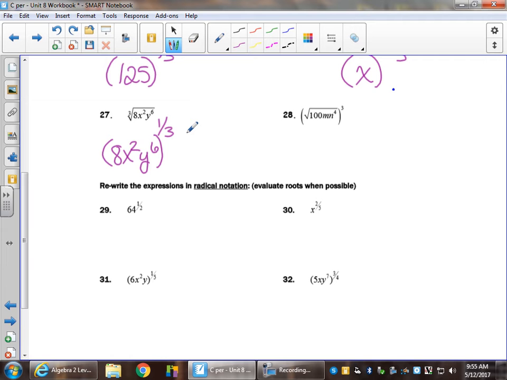A 2, because I would say, what would I call this? Square root. So let's just start there. 100 m n to the 4th raised to what power? To the second power?